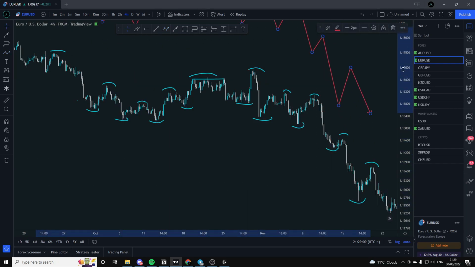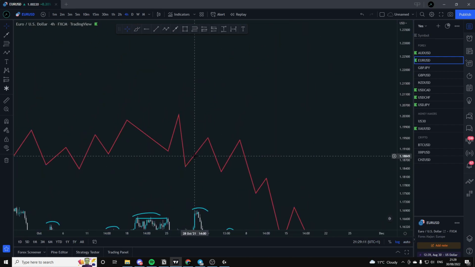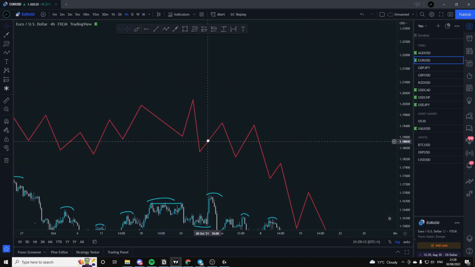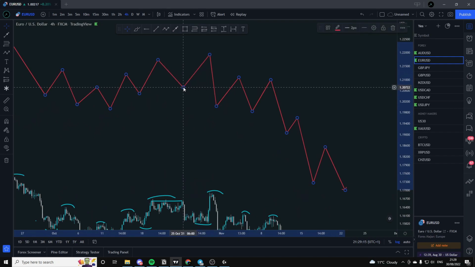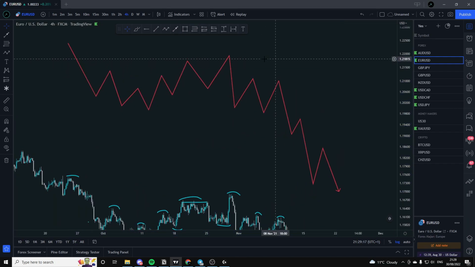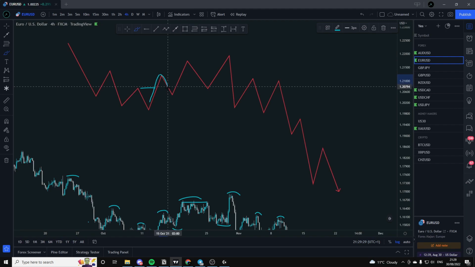Okay, so if I move this up, let's have a look at why it's so important when we're looking through it. Now, if I just make it look a bit more even, what we have is our lower low, lower high, lower low, lower high, lower low. Remember what I said. When you get one break, that's a break. So we have a new high and we have another high.